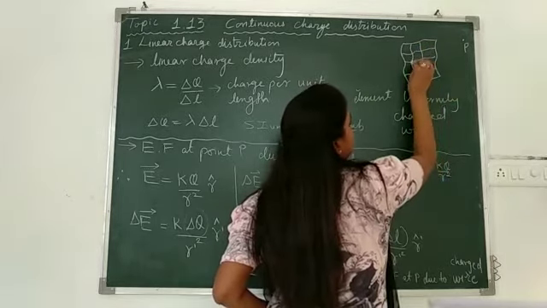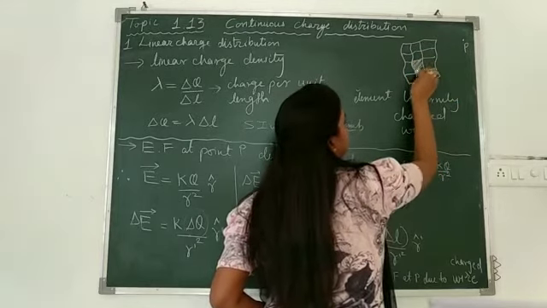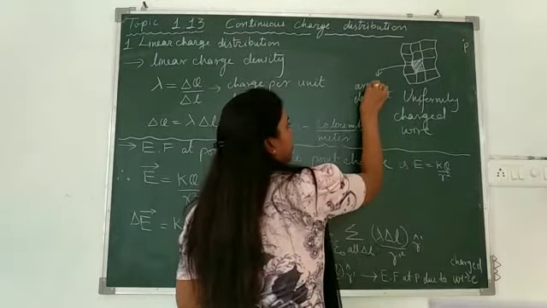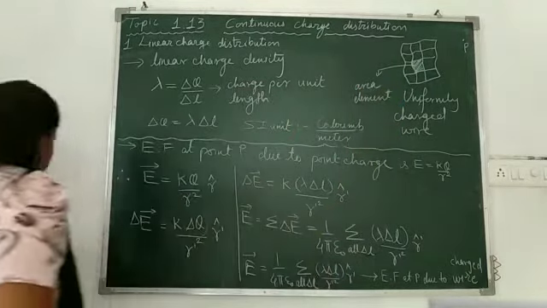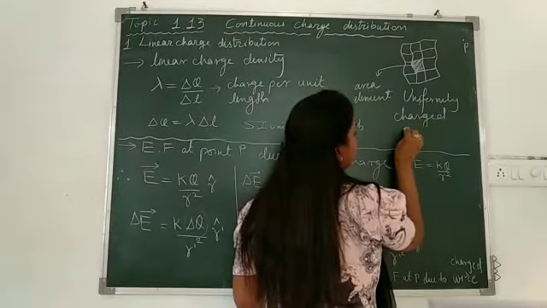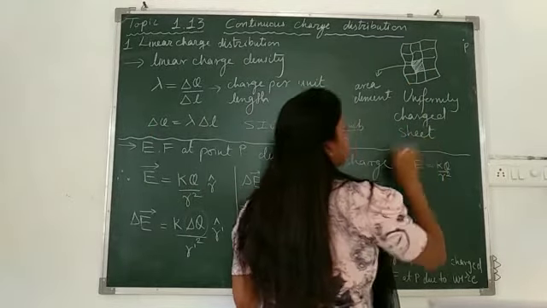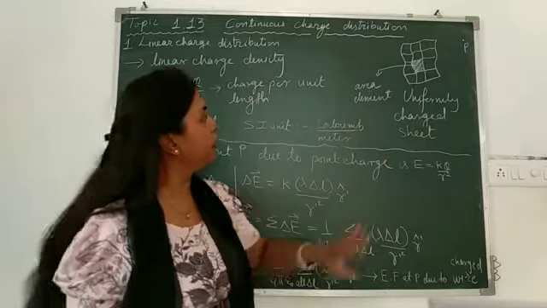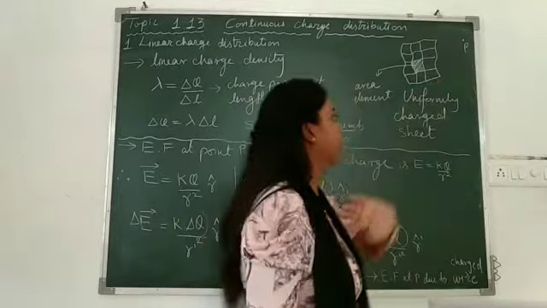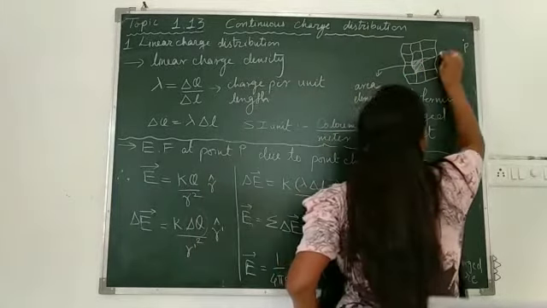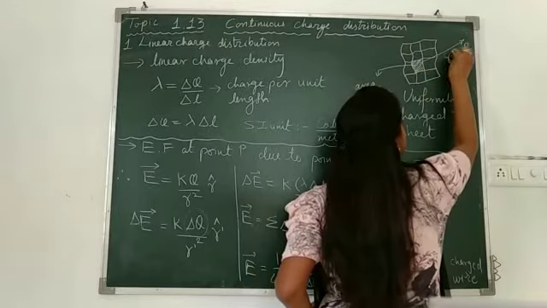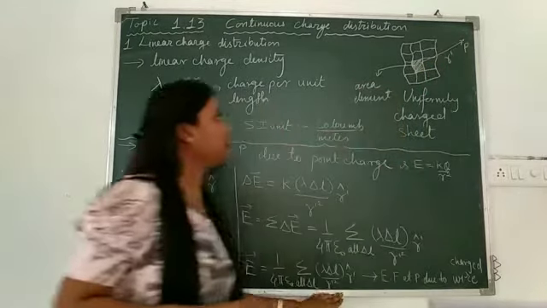So suppose I consider this area element. Now this is known as area element, and this will be a uniformly charged sheet, and we need to calculate electric field due to this area element at this point P. So we will draw the distance of this point P from this area element, and suppose that is R dash.